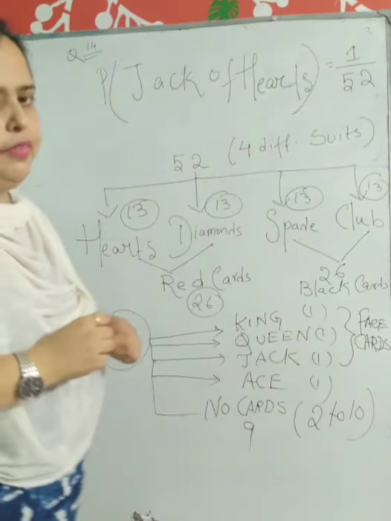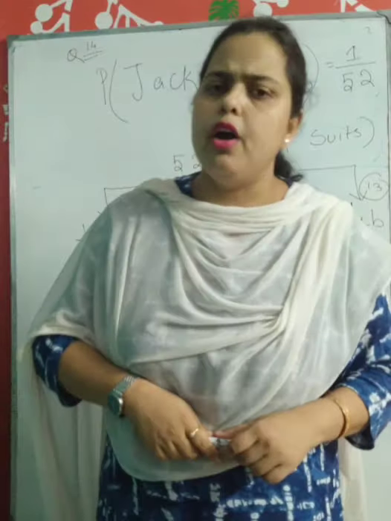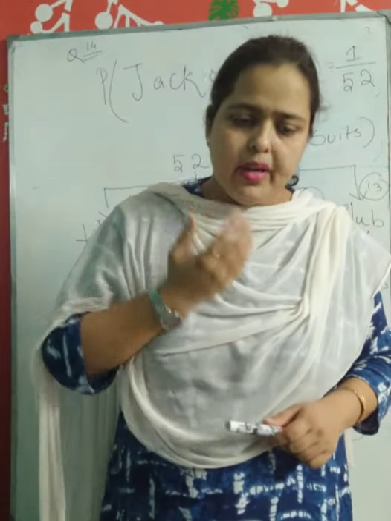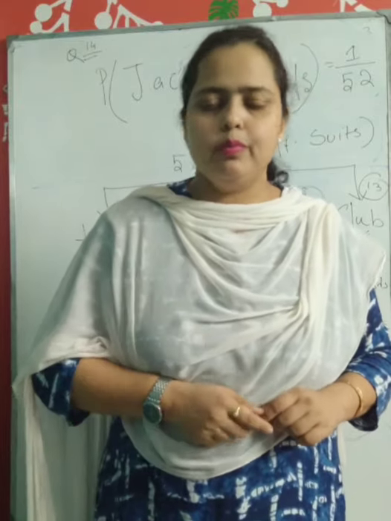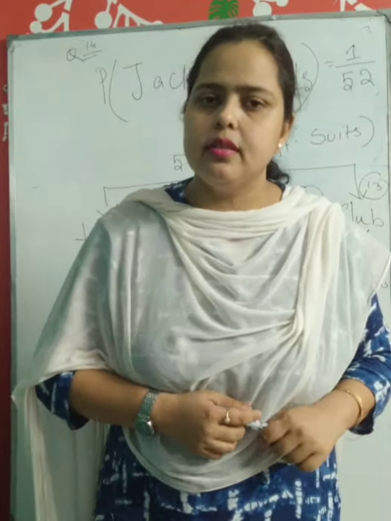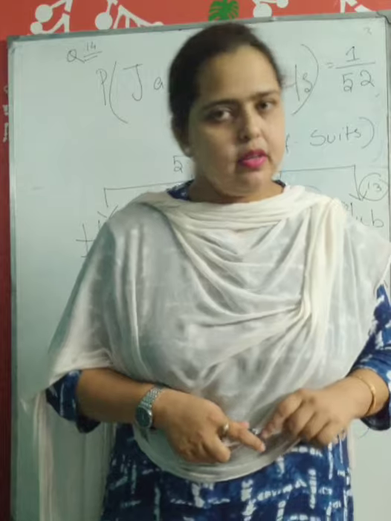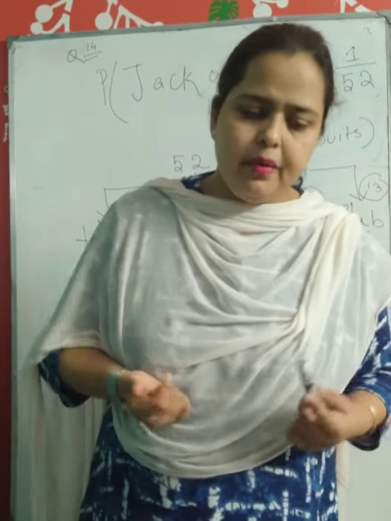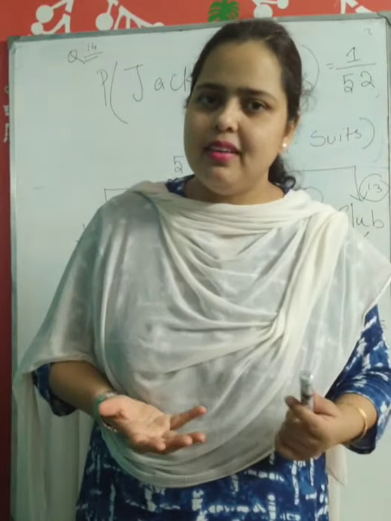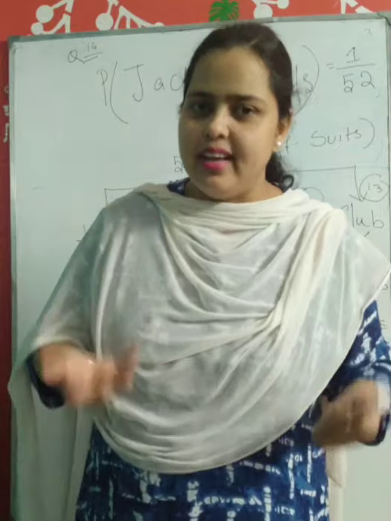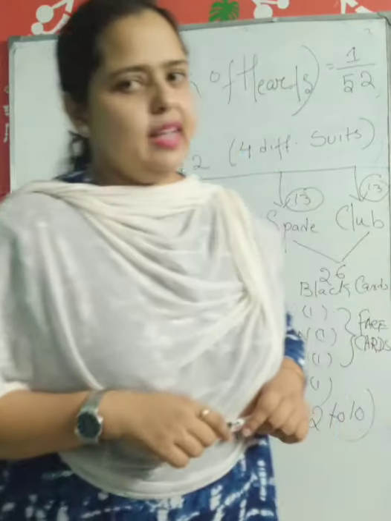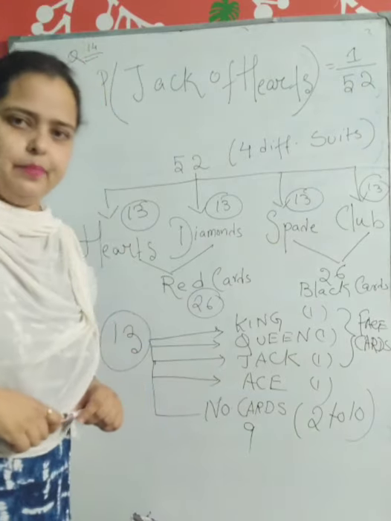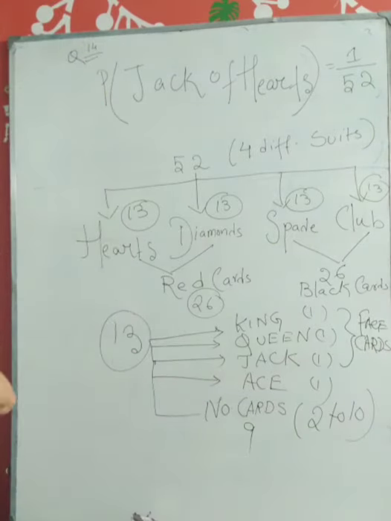Similarly, if somebody asks you how many red queens are there, what will you answer? 2. How many black queens? 2 by 52. And how many queens of diamond are there? In a diamond, how many queens will you get? Only one. So like this, the questions might come, which you have to answer.